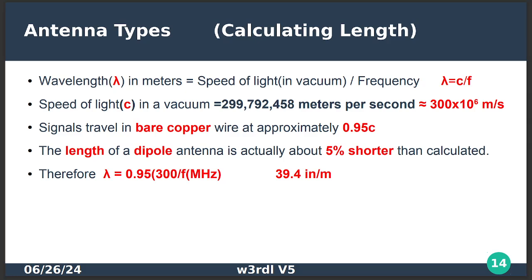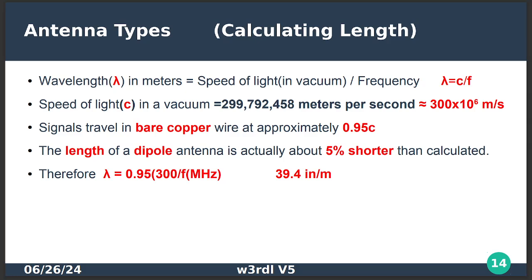And the 39.4 there is the number of inches per meter, because some of the questions will require you to convert the answer to inches rather than meters, because that's how we're going to build the antenna, measuring in inches, since that's what all of our tools measure in.